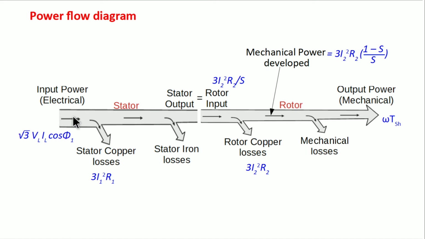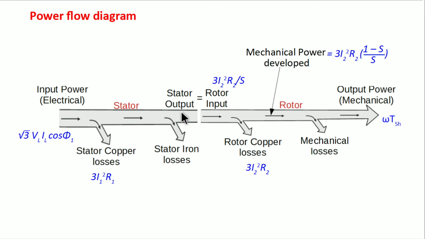Now, this input power given to the motor first faces the stator copper loss, 3 I1 square R1, which is subtracted. Then the stator iron loss, which consists of hysteresis and eddy current losses.